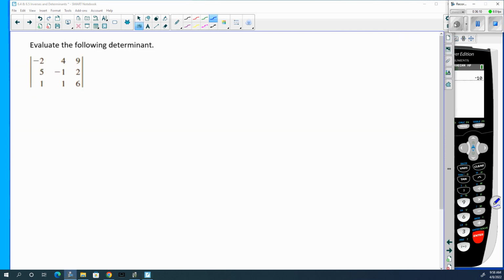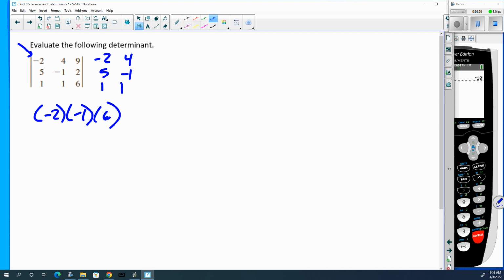Okay, so if you did have to do it by hand, again, you would repeat the first 2 columns. And again, we times diagonally this way, so it would be -2 times -1 times 6 plus times this way, 4 times 2 times 1 plus times this way, 9 times 5 times 1.